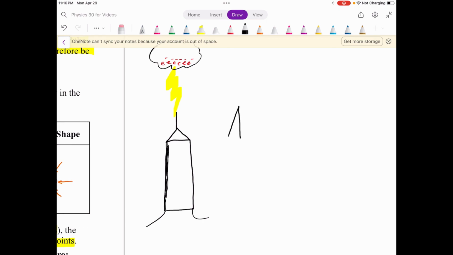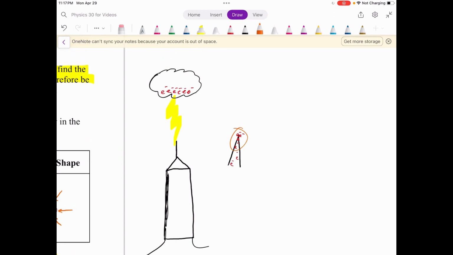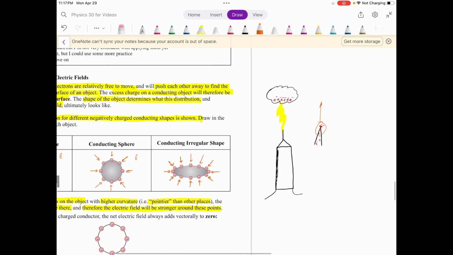If we imagine it's a lightning storm and some charge has built up, we want it to build up at the top here more than lower places so that it can more easily, right? Here the electric field is very strong, and there's strong forces on those electrons allowing them to be pulled out. That's why it's pointy like that.